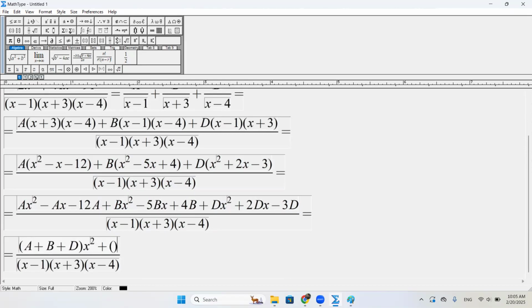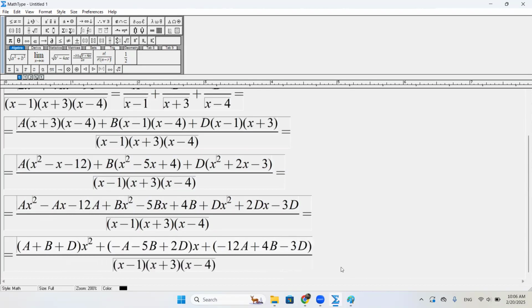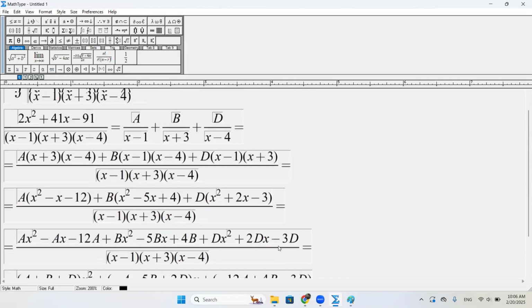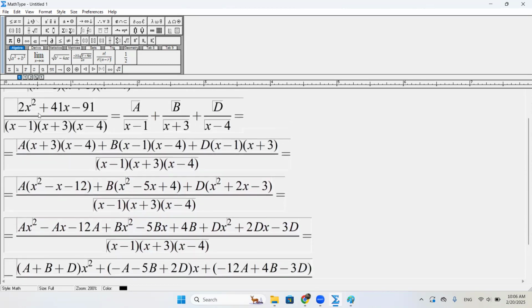And for x: minus a, minus 5b, plus 2d. And for x to the power of 0: minus 12a, plus 4b, and minus 3d. So we regrouped these addends.